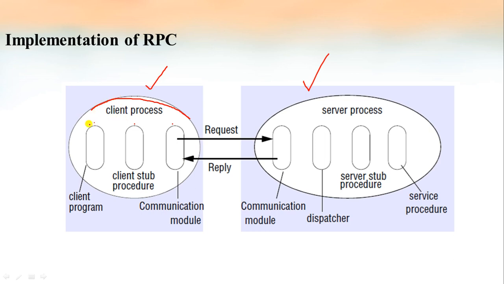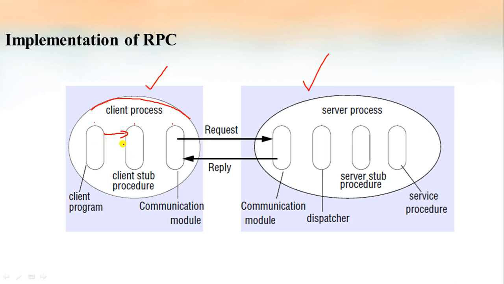client will create a request message which has to be forwarded to the server process. So the client program will create a request message and will send it to the client stub procedure. The function done by this particular module, the client stub procedure, is that it will marshal the request message sent by the client program.